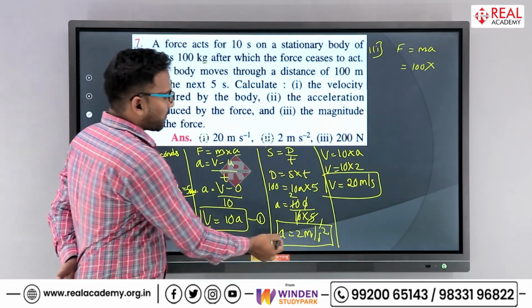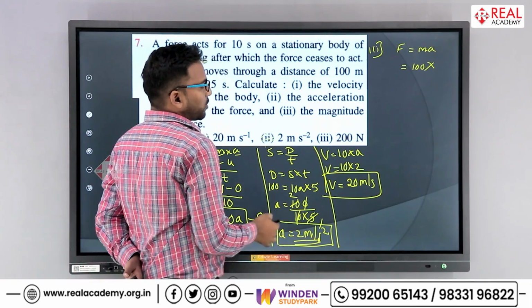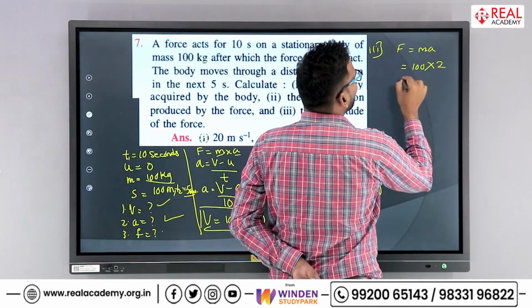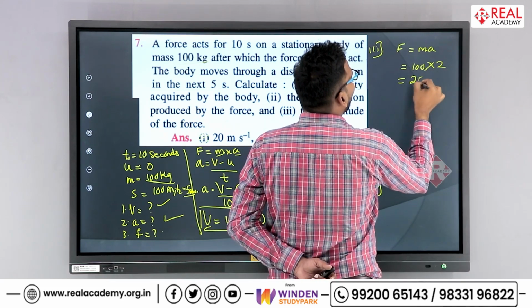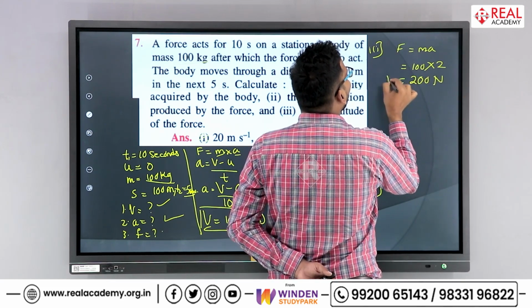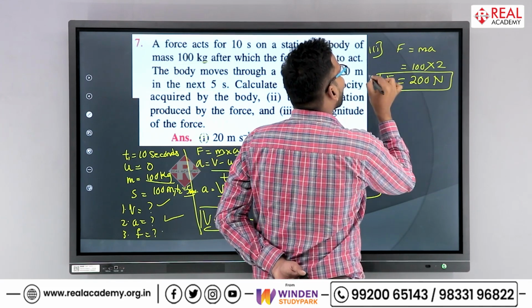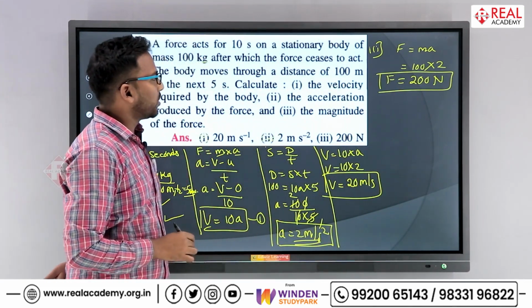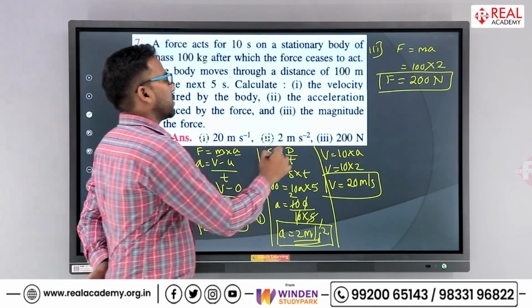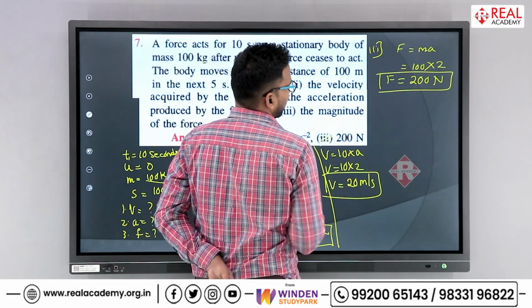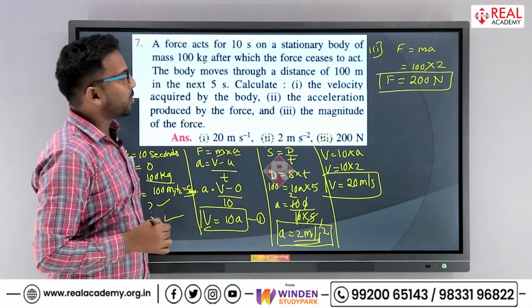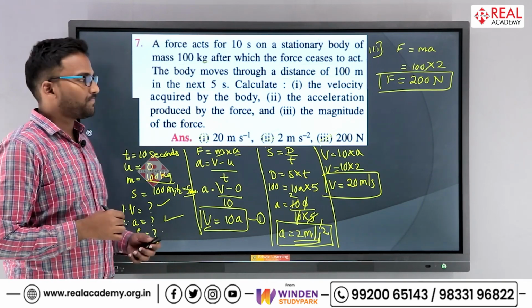What is acceleration? What we have just found out to be 2 meter per second square. And what about force? 2 into 100 is 200 Newton. That is F is equal to 200 Newton, the required answer.